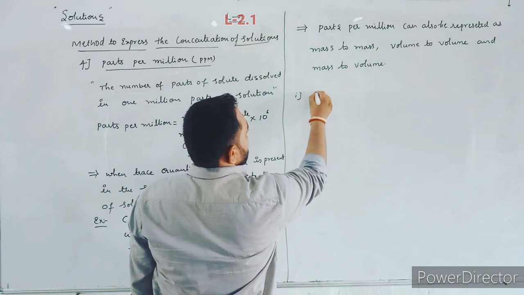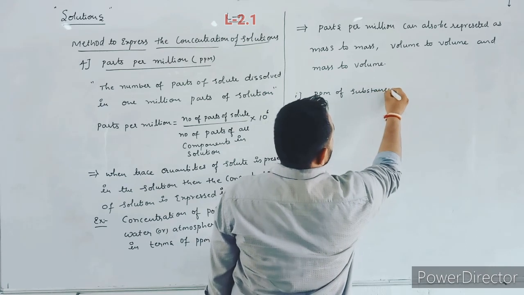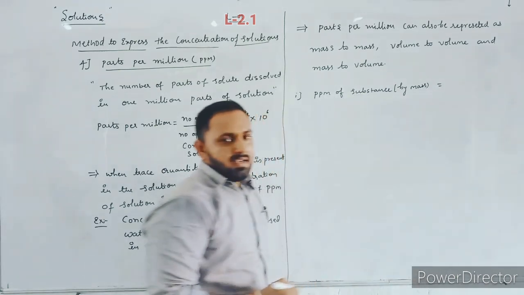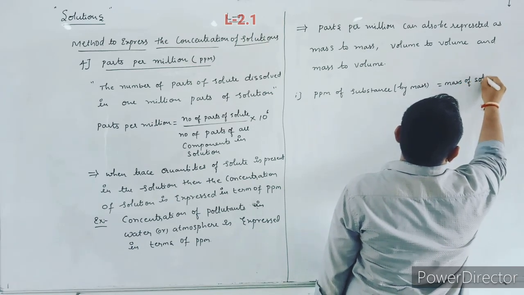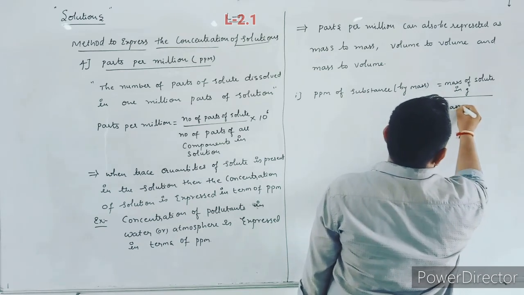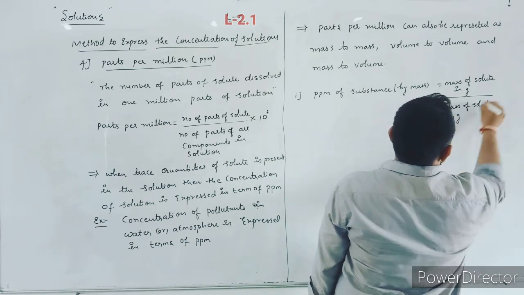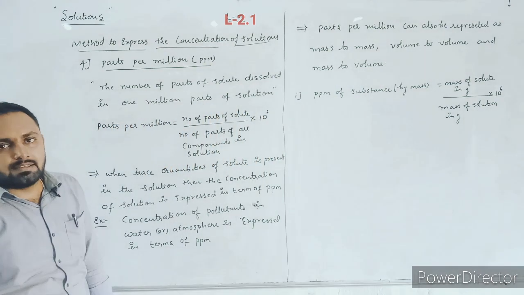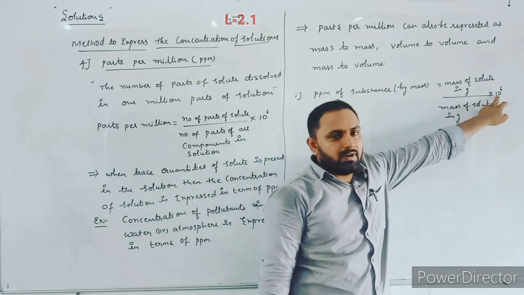Here the first formula, ppm of substance by mass is equal to mass of solute in grams, divided by mass of solution in grams, into 10 power 6, not 100, because here the total solution is considered to be 1 million parts. That's why here you need to write 10 power 6.